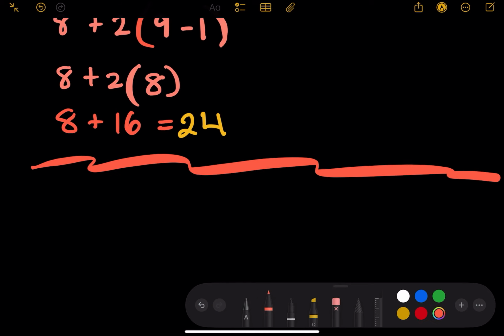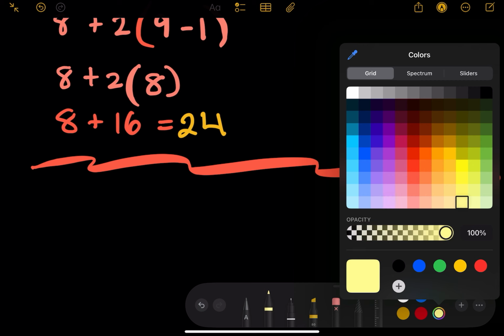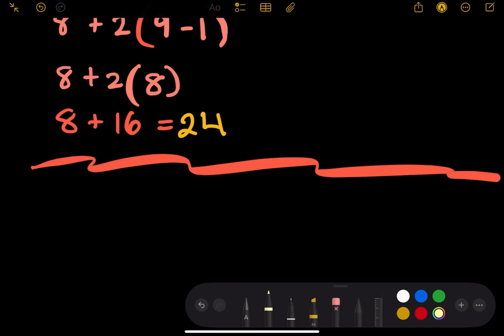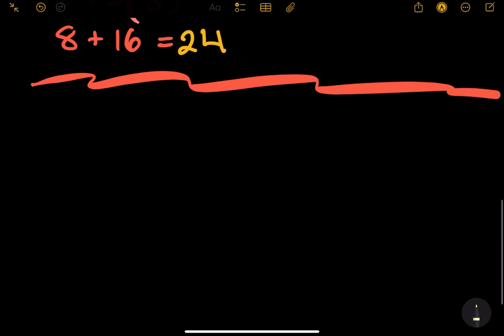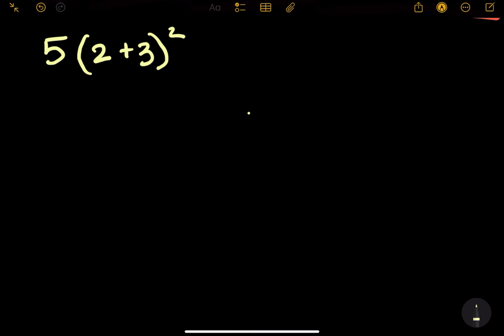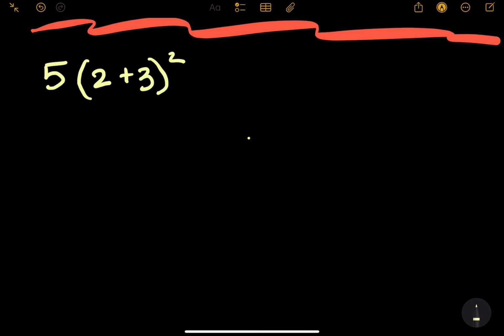Let's try another example. Let's do this one in green. The next example is 5 times 2 plus 3 squared. Try this on your own. Pause the video. Okay, now I'll go through it and explain it step by step.